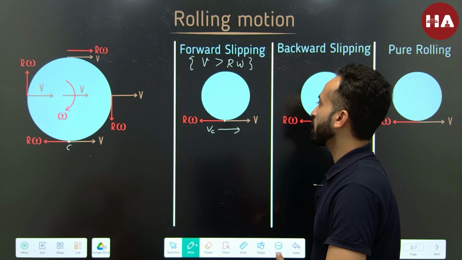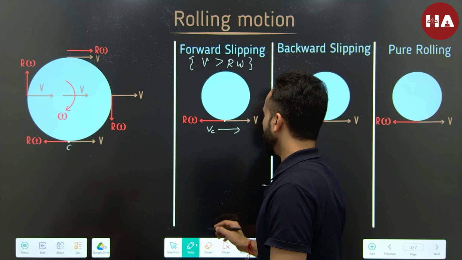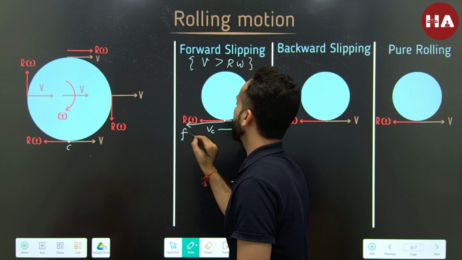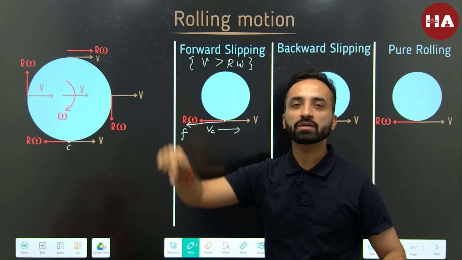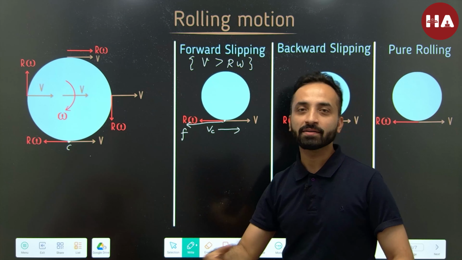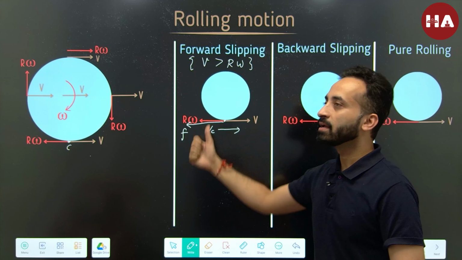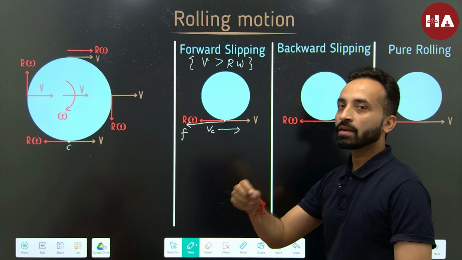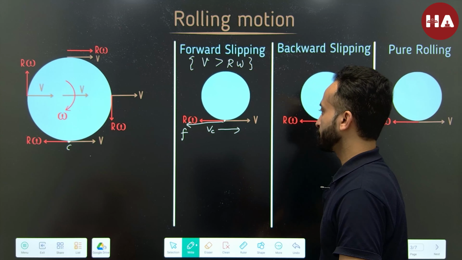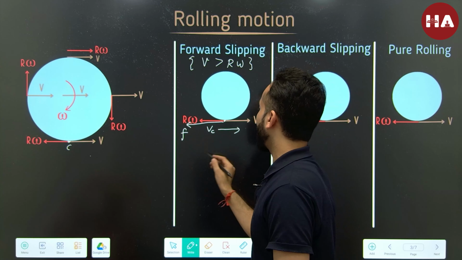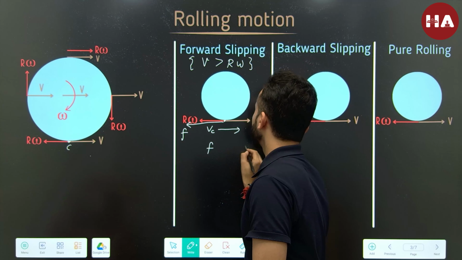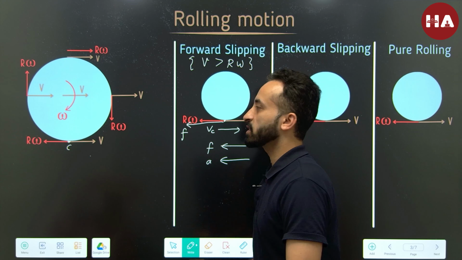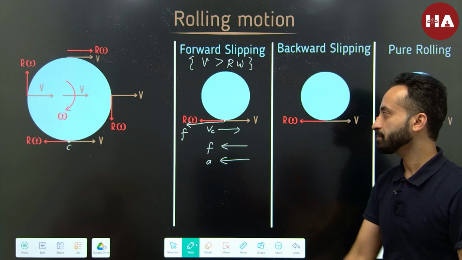What about friction now? If this point is slipping forward, friction will act backwards, in the direction of R omega, because V is dominating here and R omega is lesser. Now think about what this friction will do. It will give an acceleration to the object backwards as well.